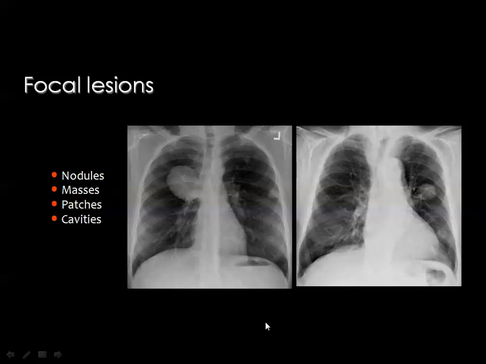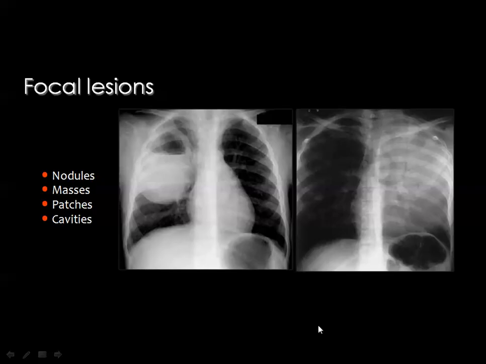Then, if you have decided that you are dealing with a focal lung lesion, what are the possibilities? We have 4 possibilities. Number 1 is a nodule, which is a well-defined lesion that is less than 3 centimeters in diameter. And the mass is a well-defined lesion that is more than 3 centimeters in diameter.